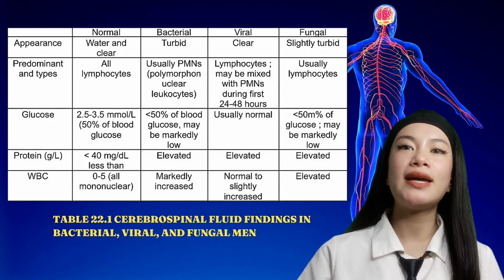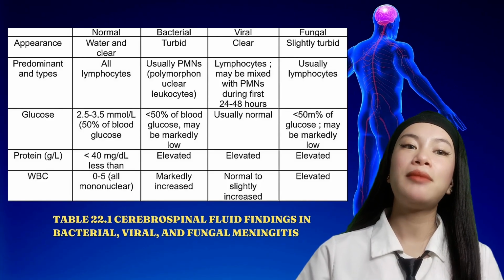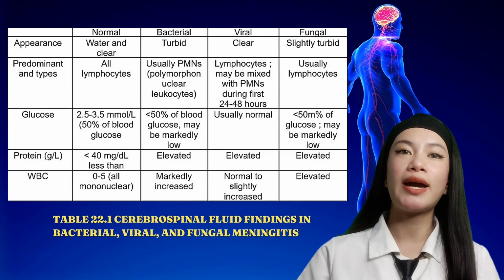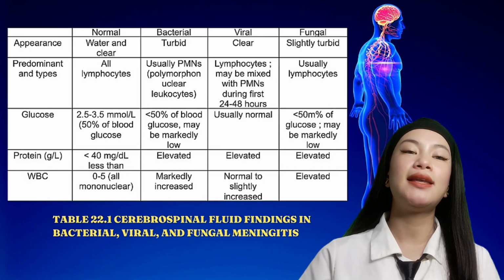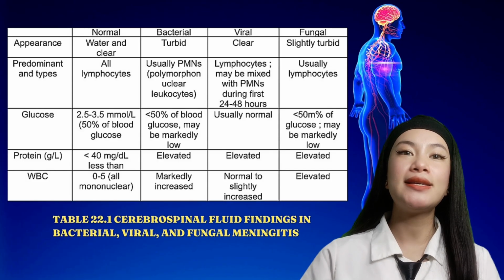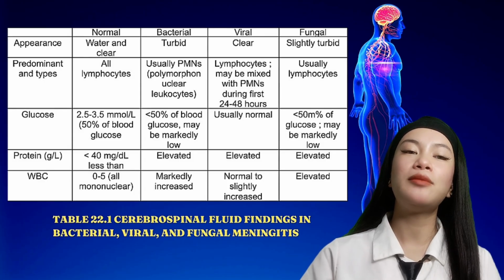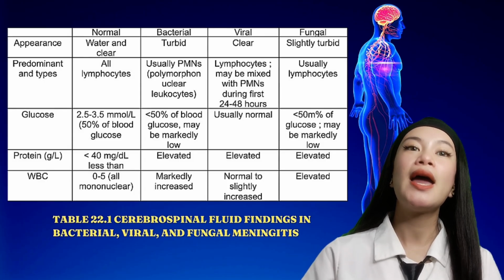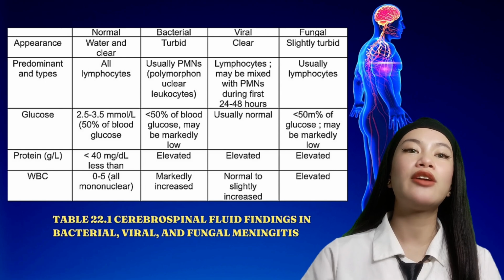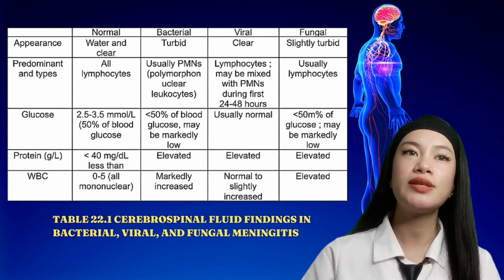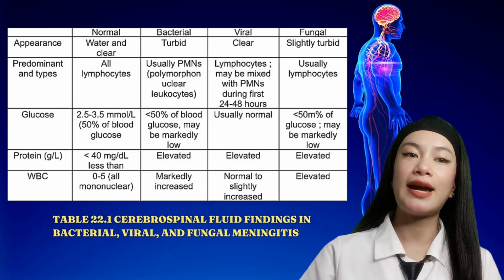For the predominant cell types, in normal CSF, it is all lymphocytes. In bacterial meningitis, it is usually PMNs or polymorphonuclear leukocytes. For viral meningitis, it is lymphocytes, maybe mixed with PMNs during the first 24 to 48 hours. And for fungal meningitis, it is usually lymphocytes.